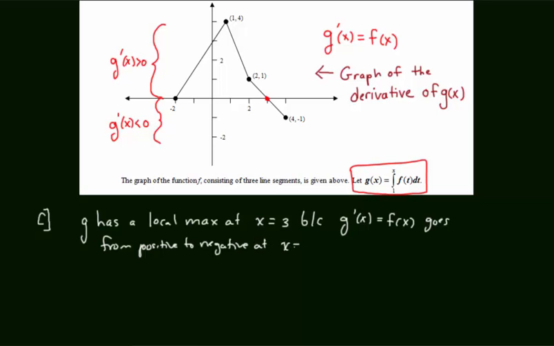And we can't forget to say that g prime of 3 equals 0. That's the first derivative test.